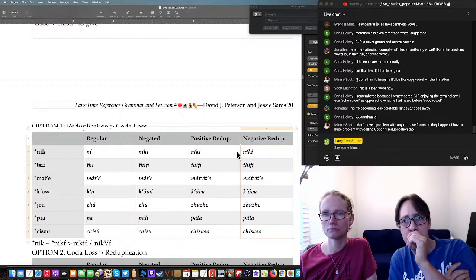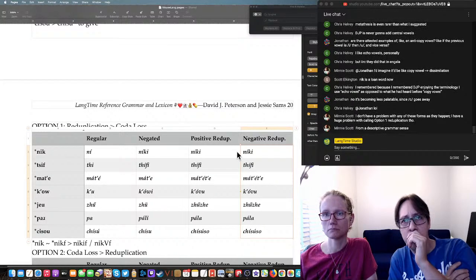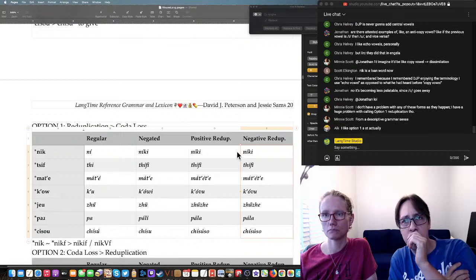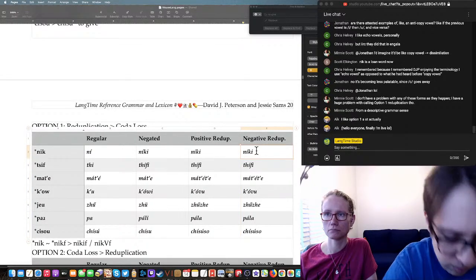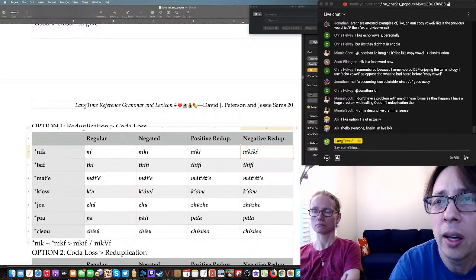Because, okay, the reduplicated form was VC after it, but then we had the tone switch with reduplication. So wouldn't this actually be that?